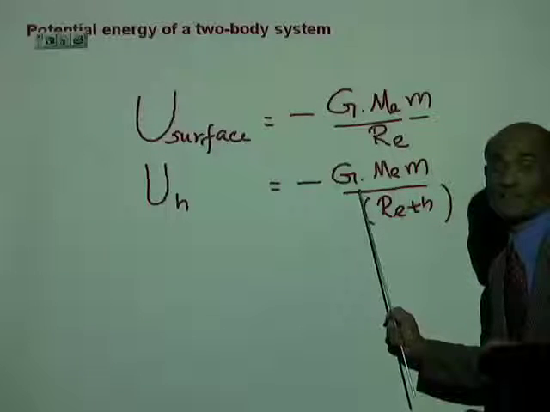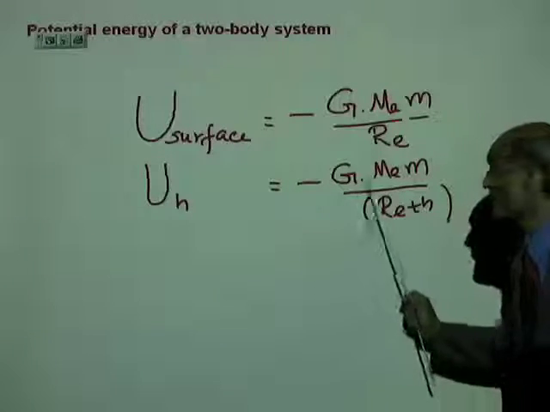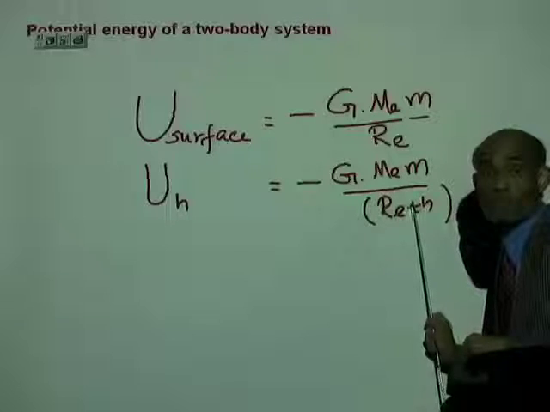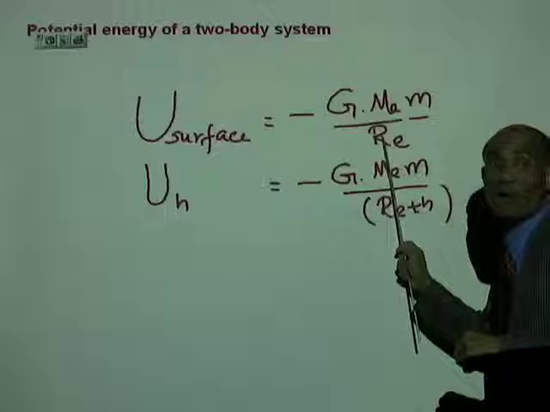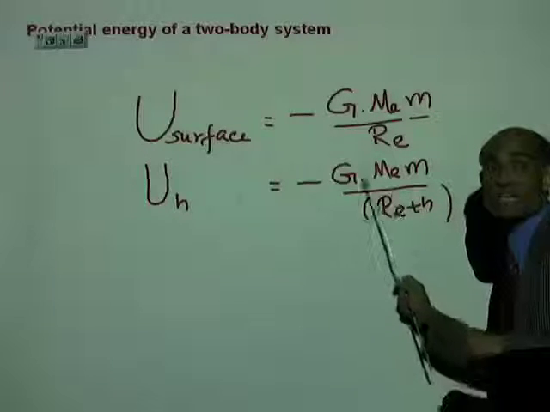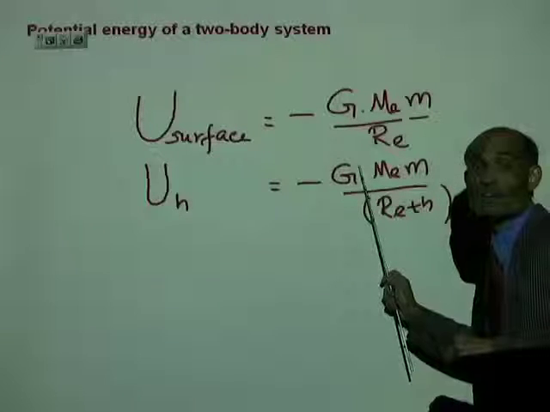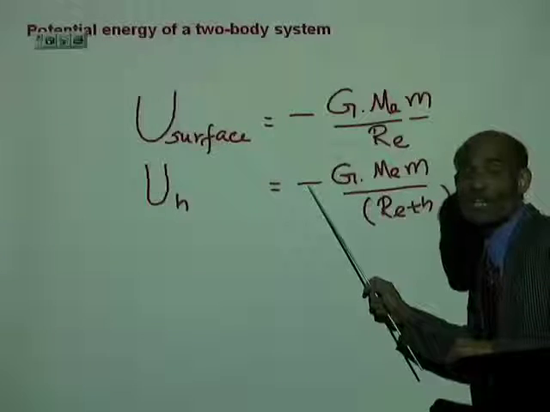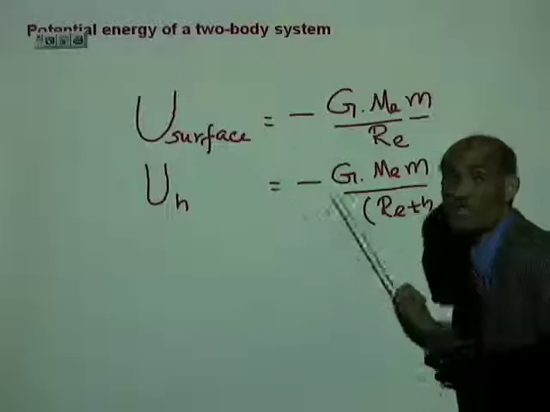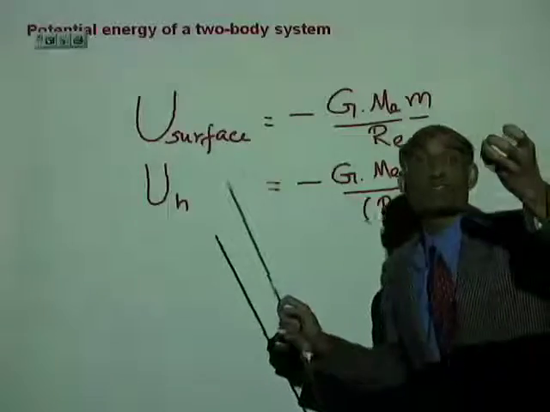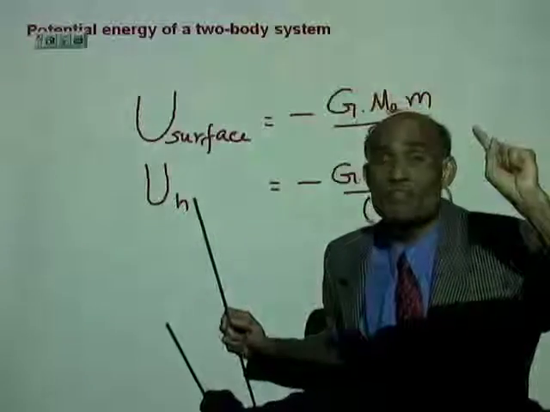This is greater. Now, you notice that R_E plus h is greater than R_E. When the denominator is greater, the value of the quantity will be smaller, right? And a smaller negative means it is increasing. So as h increases, the potential energy increases, and the potential energy is zero at infinity.